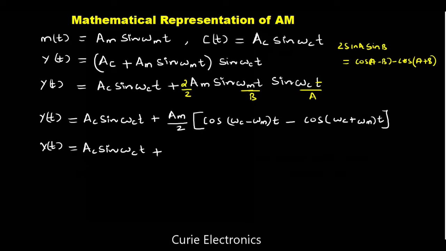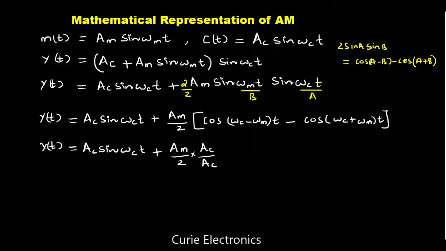Because the carrier amplitude is varying as per the message signal. So here with AM by 2, I will multiply and divide by AC, the carrier wave amplitude. If you multiply and divide, nothing is wrong. I am trying to reduce one step, so I'll write it directly now. Now what can I write?